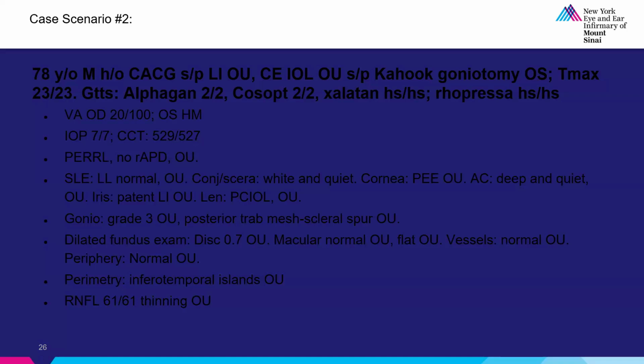Visual acuity is noted to be 20/100, and the left eye was hand motion. Anterior exam is unremarkable with patent LI, gonioscopy was fairly full, and cupping was 0.7 OU. The visual field shows inferior temporal islands OU and RNFL was 61 OU.